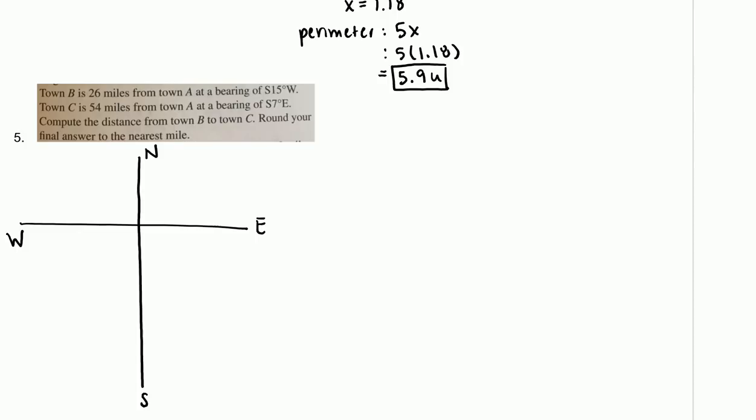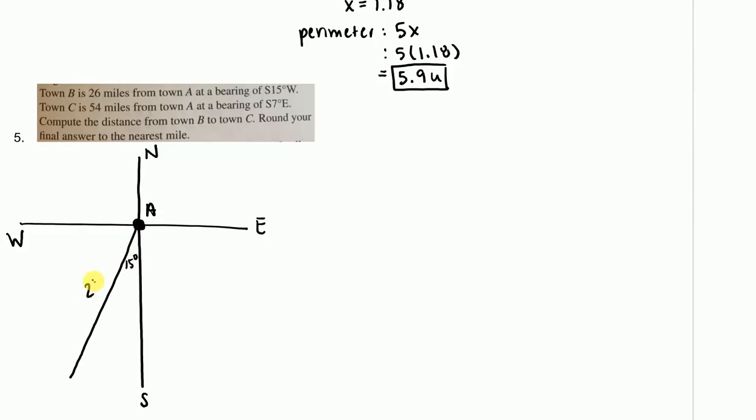Because both towns B and C are being described as being away from town A, I'm going to put town A at the center here at the origin. So there's town A. Town B is 26 miles from it at a bearing of south 15 degrees west. So it's over here, and it's a 15-degree angle away from south, going towards the west.